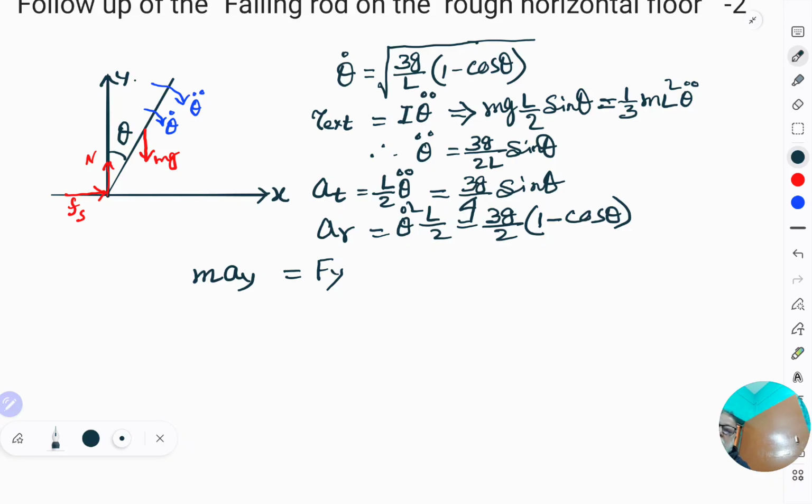Now the accelerations so far we have denoted are AT and AR of center of mass. So the AY will be written as m into the y component of the accelerations.